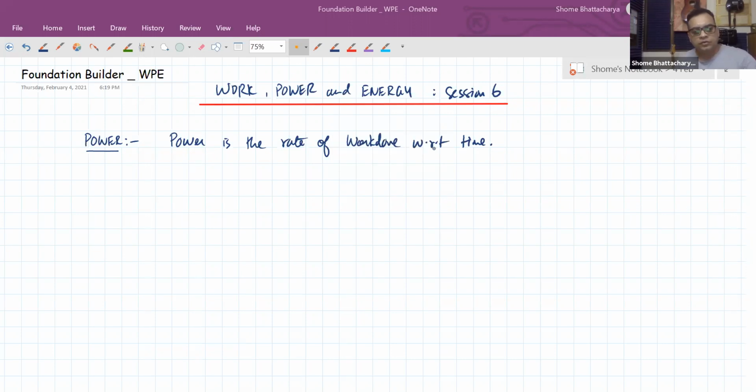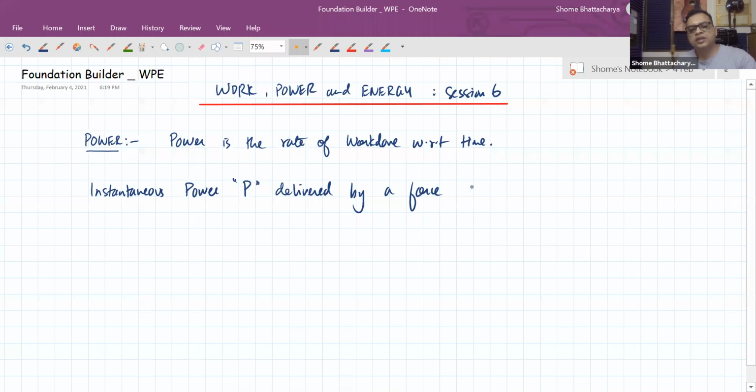Okay, so for example, we define something called instantaneous power P delivered by a force, let's say F. So that instantaneous power delivered by the force is defined as the instantaneous rate of change of work done with respect to time.